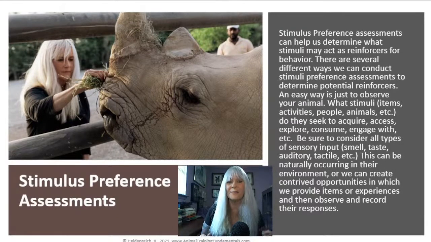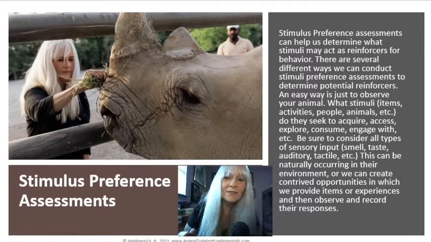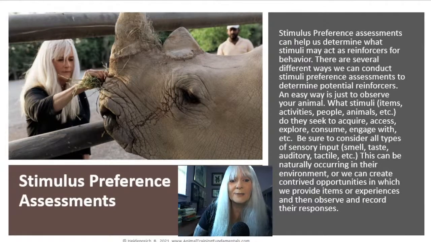So an excellent point. I'm going to read this little slide here about stimulus preference assessments and how they can help us. They can help us determine what stimuli may act as reinforcers for behavior. And there are several different ways we can conduct stimulus preference assessments to determine potential reinforcers. And this is what Al said. An easy way is to just observe your animal.